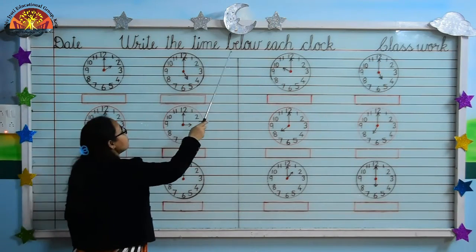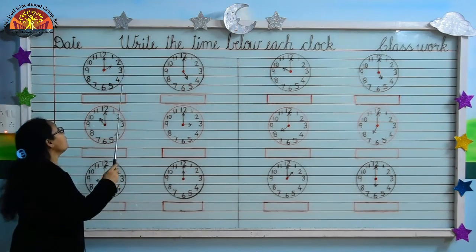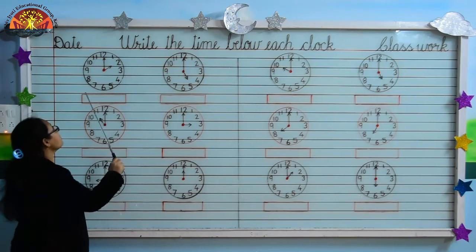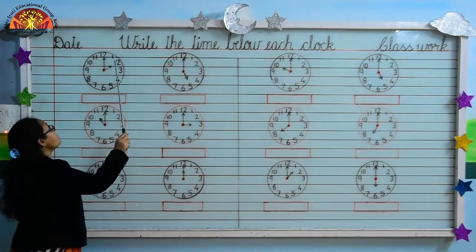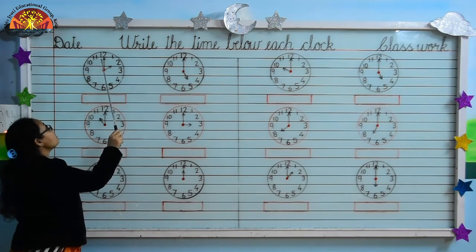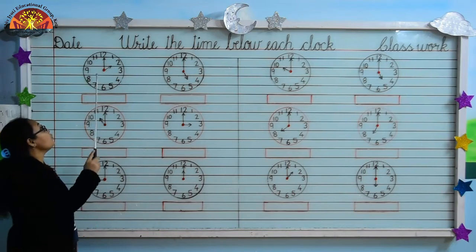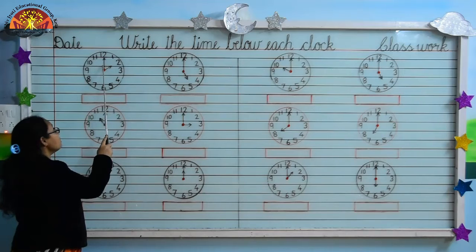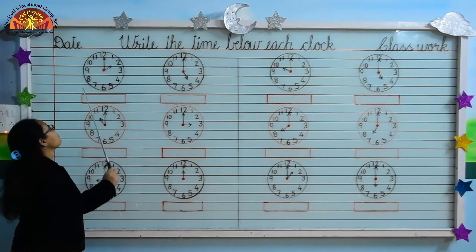Write the time below each clock. Kids, what is this? Yes, this is a clock. Kids, it has 12 numbers on it from 1 to 12. Kids, now you tell me, which hand is this? Yes, this is long hand and it shows minutes.